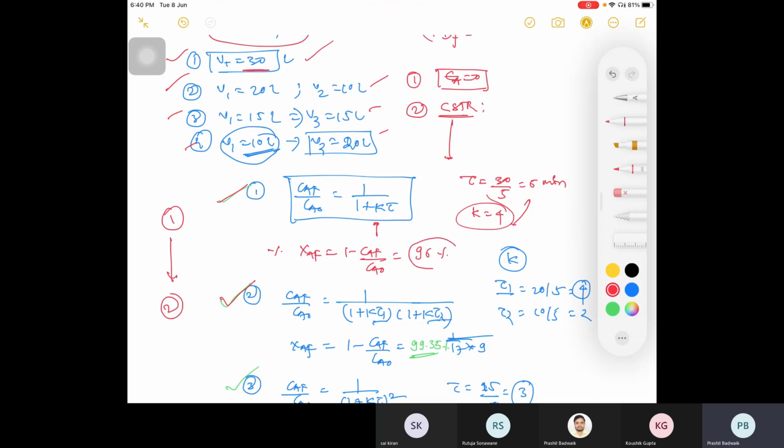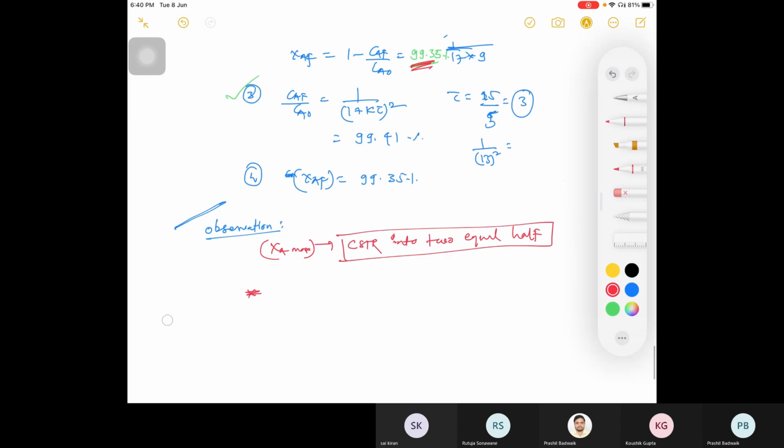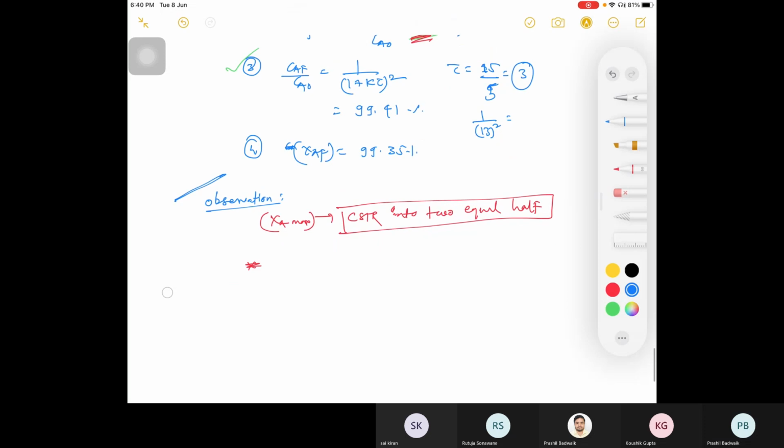Initially it was 96 and now it is 99, right? So it is proving that by a cascade system in CSTRs you will have maximum conversion for a given volume. Okay, this was our observation. Now, should we prove this using a proof?